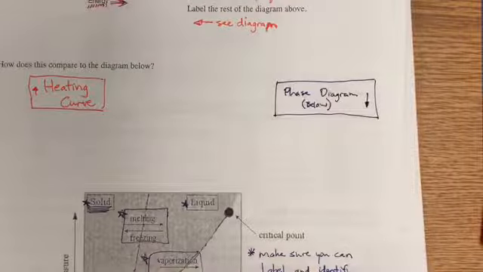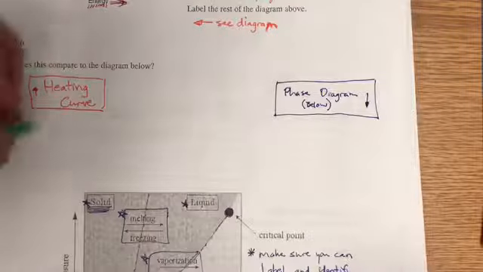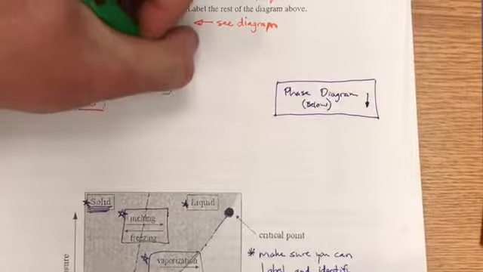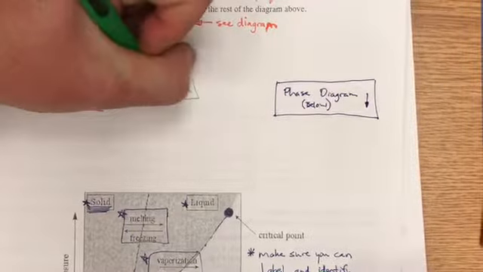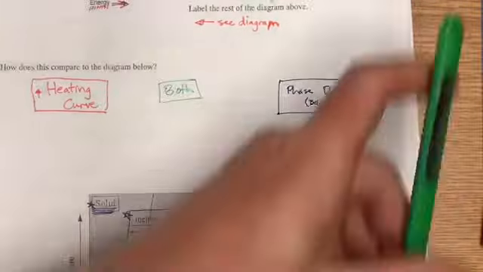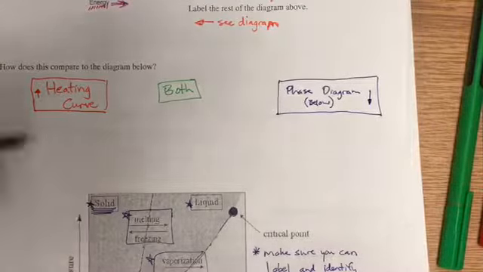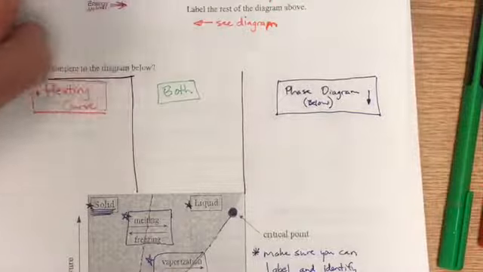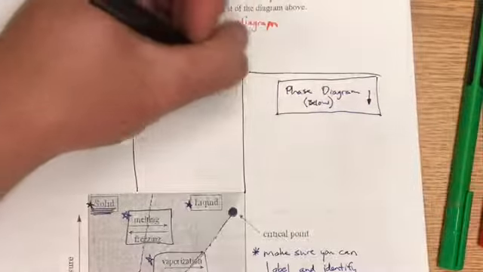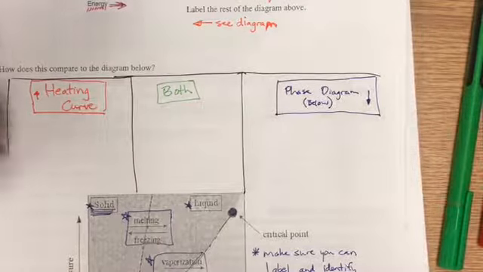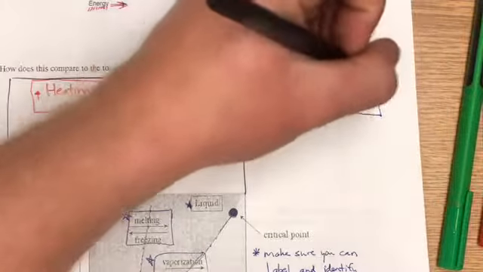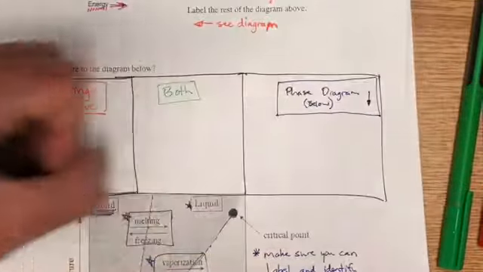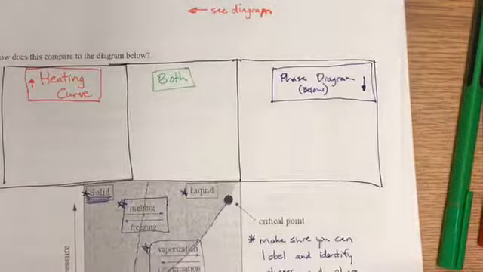And just like normal, right here in the middle, we're going to put qualities of both. Okay, so there's your table.